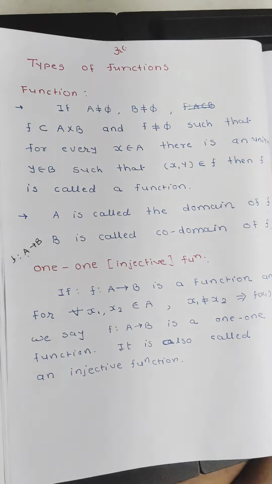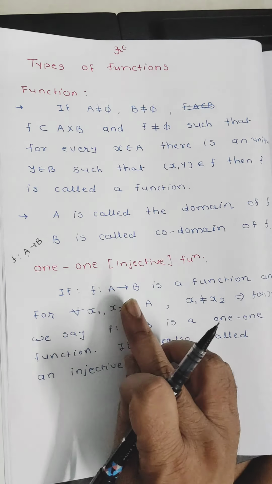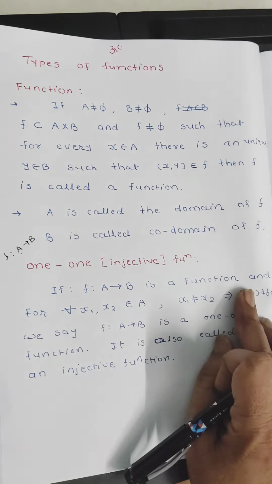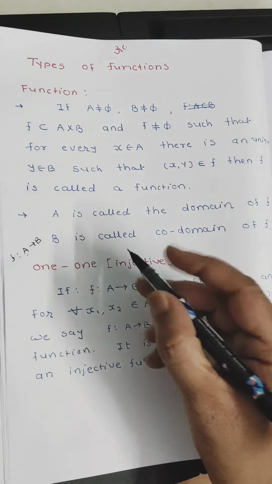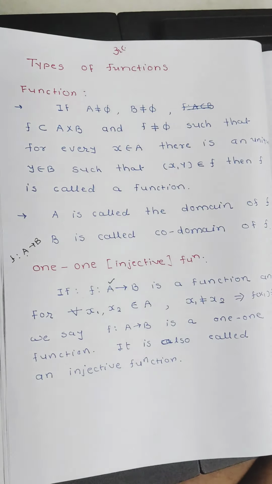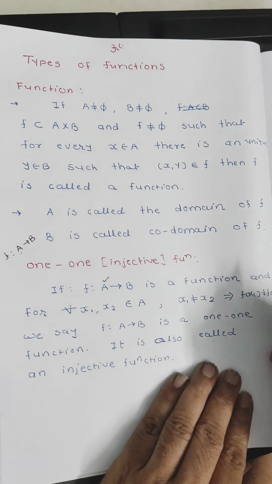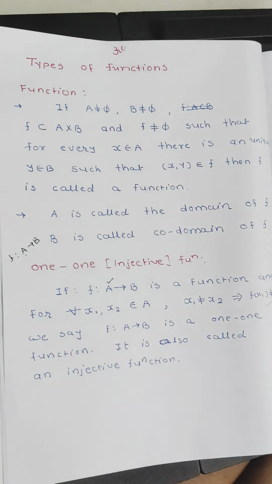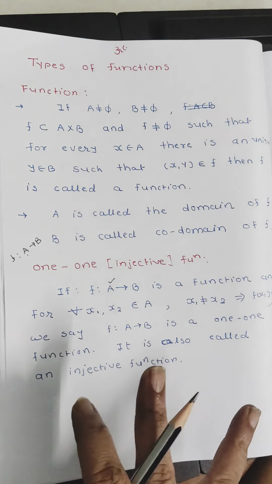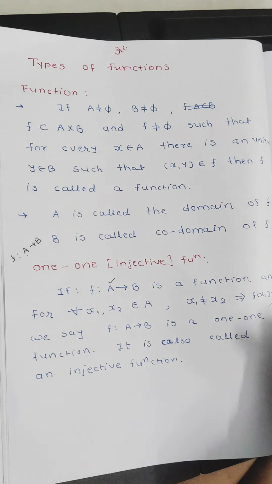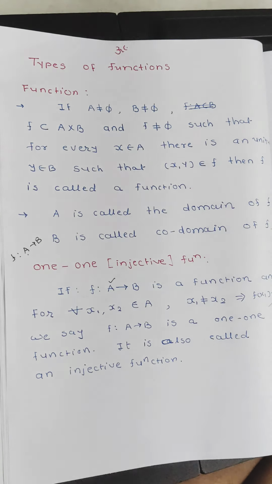Okay, so 1-1: if f: A to B is a function where x1 and x2 belong to A, means I have to take values of x from A, that is the domain, and x1 is not equal to x2, then f(x1) is not equal to f(x2). Means for different values of x, there are different values of y, then the function is called 1-1.